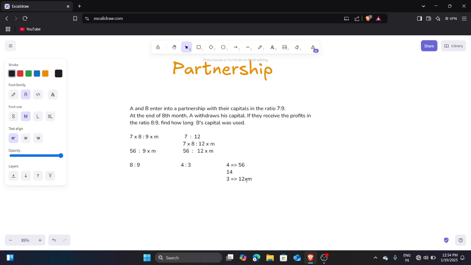We don't know what it could be here, but we know that 14 multiplied by 4 gives 56. Similarly on this side, when you multiply 3 with 14, you get some number, 52 I think.